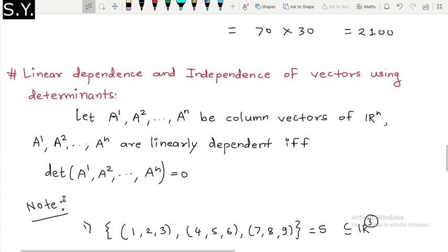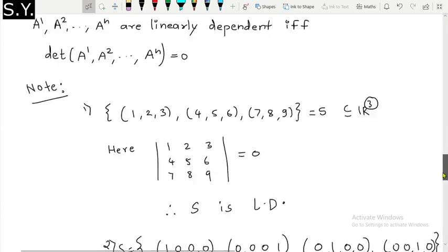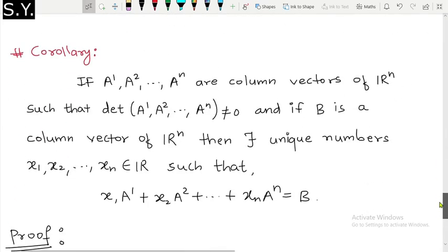In our corollary the determinant is non-zero, so these column vectors will be linearly independent. By the last theorem we can say these column vectors will be linearly independent.